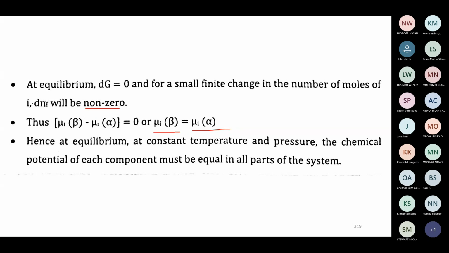There is no more distribution taking place. Now it is at equilibrium. So at that point, the chemical potential of that component would be equal in all parts of the system, and this is a system that has two phases. That's why we are saying mu_i equals mu_i beta equals mu_i alpha.